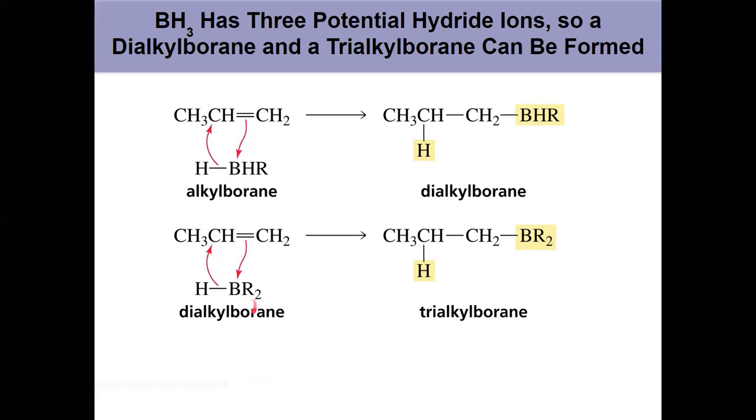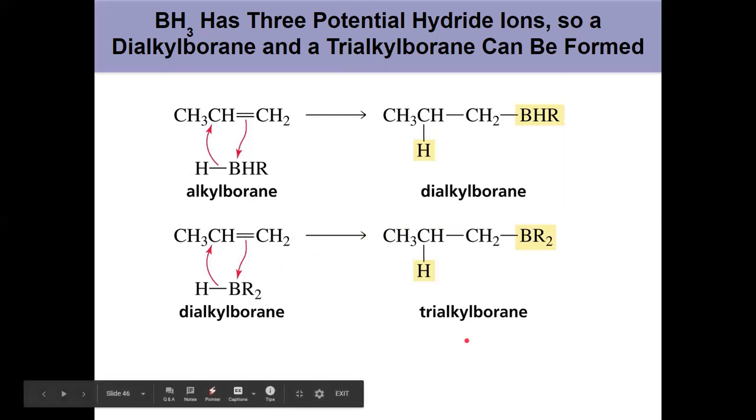Now, as you move to the dialkyl and trialkyl borane, those bulkier substituents, as you add on the alkyl groups, have even more preference for going on the end, going to the carbon with more hydrogens, the less substituted sp2 vinyl carbon. So it's actually advantageous in terms of selectivity for your reaction to use bulkier substituents.